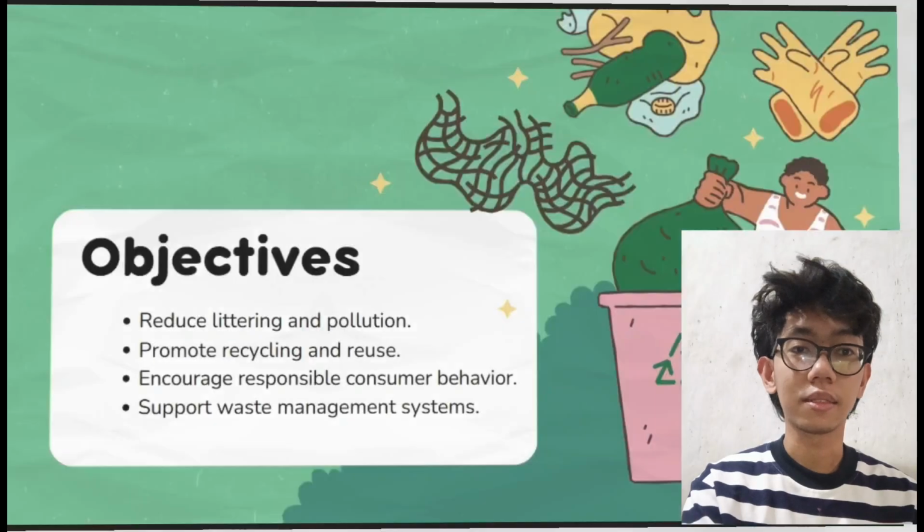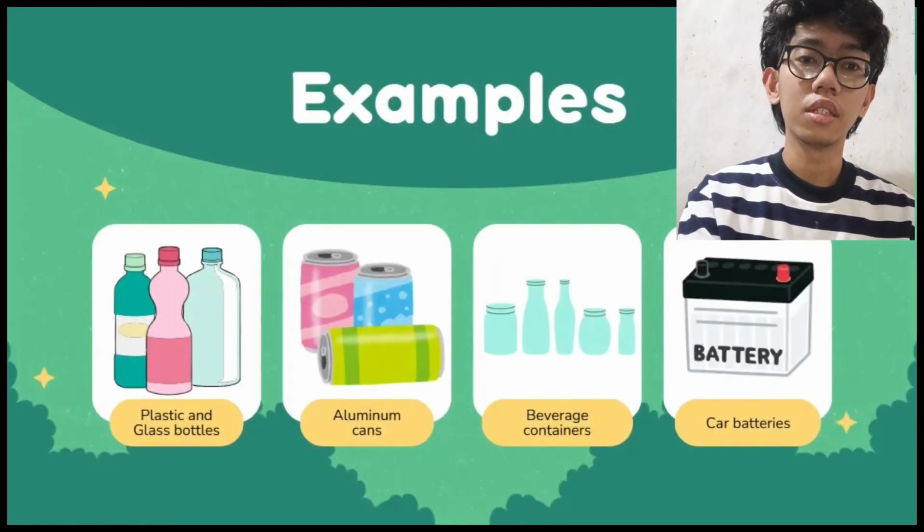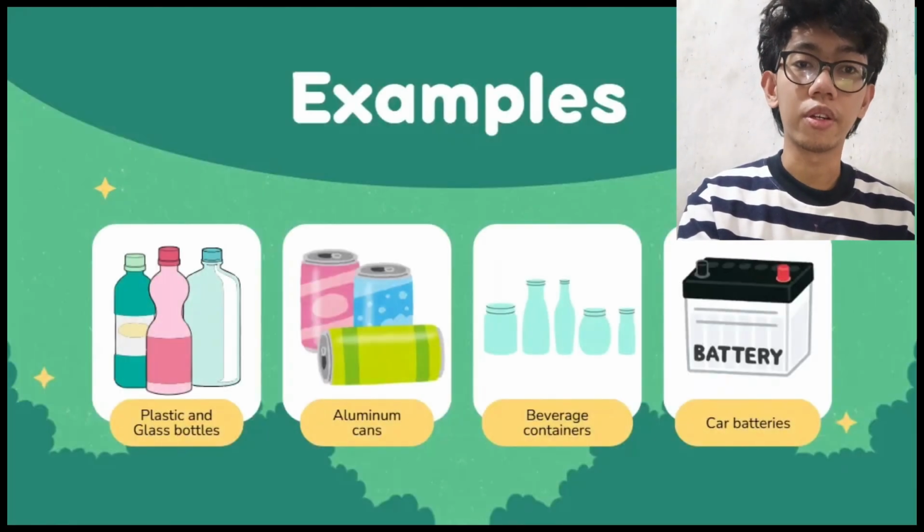So yeah, next. So, examples. Here are the examples. Common examples here are plastic bottles, glass bottles, aluminum cans.